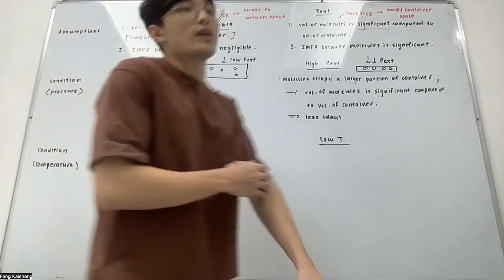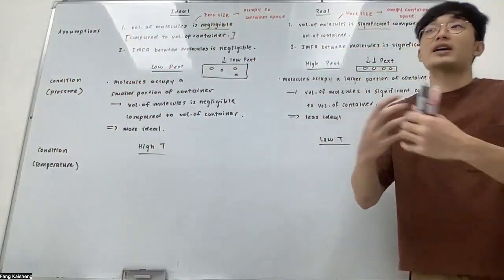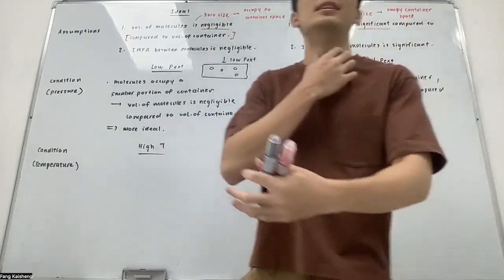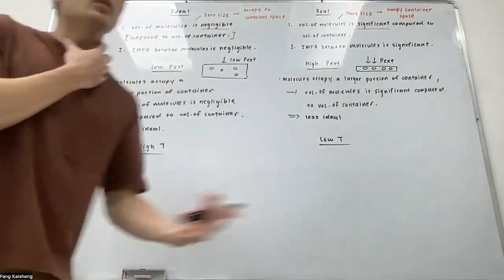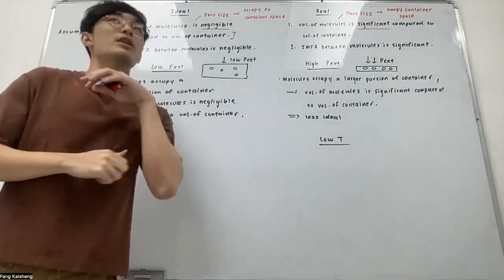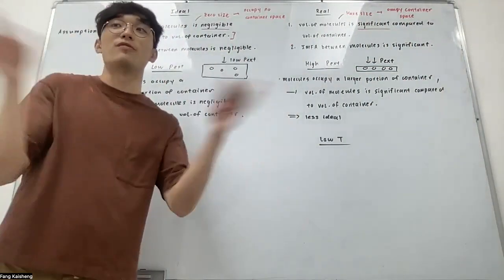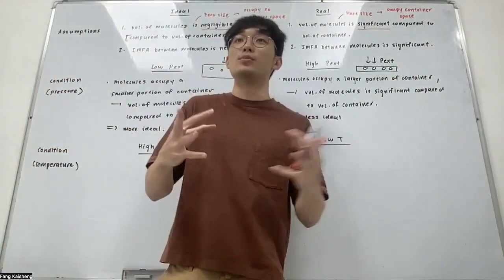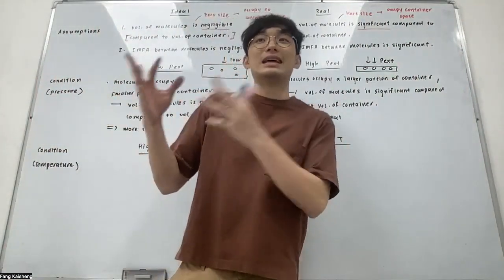So, can I ask you, when you change the temperature of a gas, what property of the gas changes? Not pressure, not really density. The molecules move a lot faster when there's a higher temperature, right? The speed of the molecules moving refers to its kinetic energy.